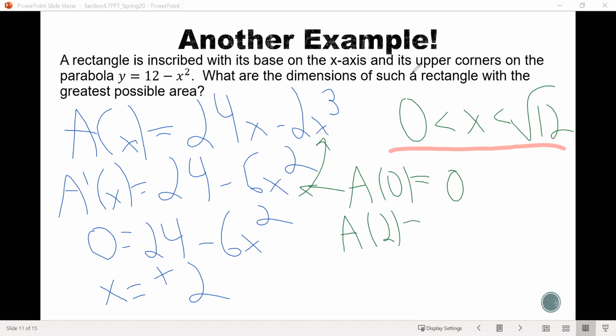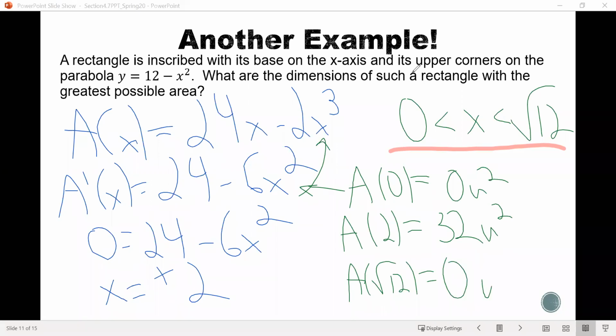If we do A of 2, we get an area of 32 square units, and I should put that on here too. And then if we do A of root 12, you can double check that if we plug that in, we also get 0 units squared. So it looks like the number that maximizes the area is this one here when x equals 2.